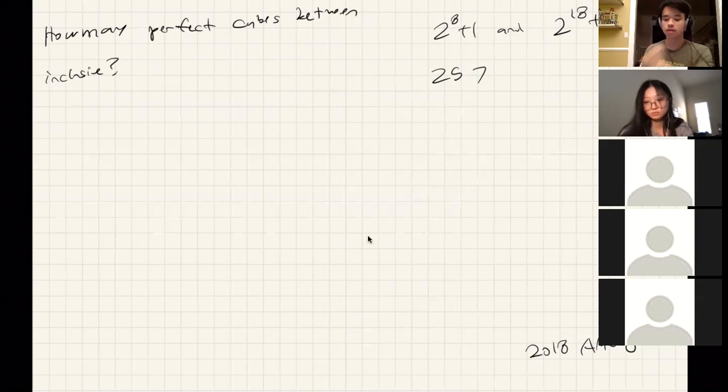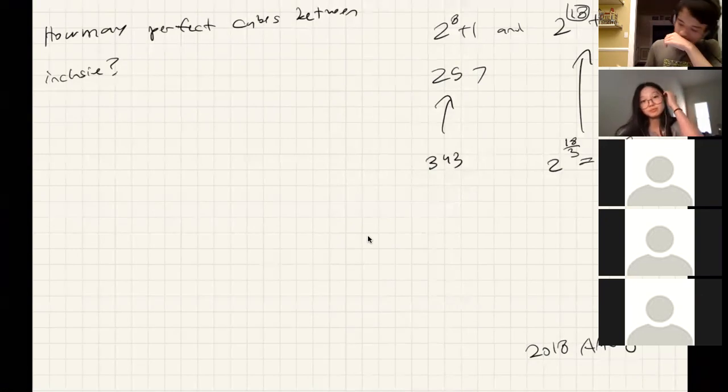So the smallest cube greater than this number is 343, which is 7 to the power of 3. And the greatest cube less than this number actually turns out to just be 2 to the power of 18 over 3, which is 2 to the power of 6. Got ahead of myself.